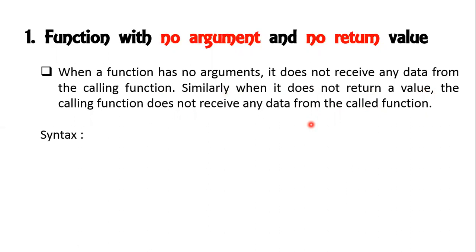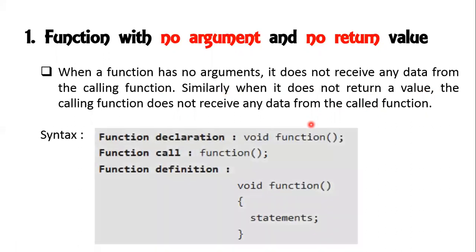Again, you can see the syntax. Here is the function declaration: void function name, with a semicolon. Then the function call, with a semicolon. Then the function definition, void function, and you create a body with statements inside it.